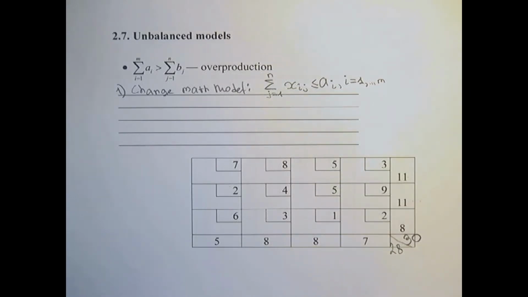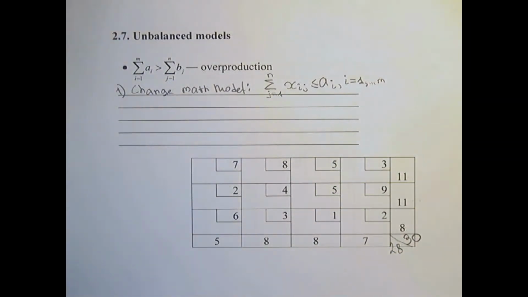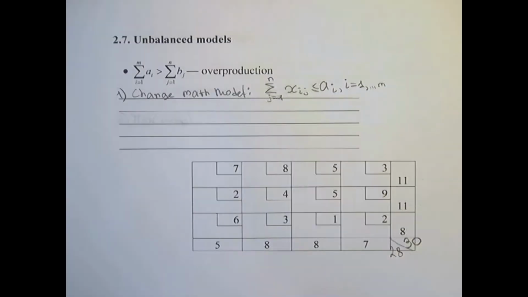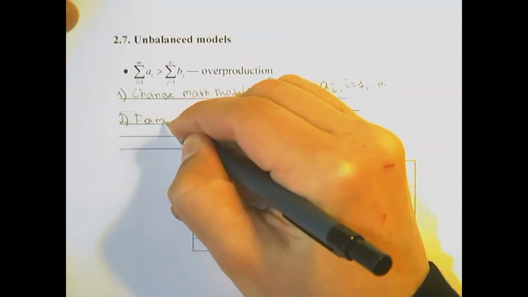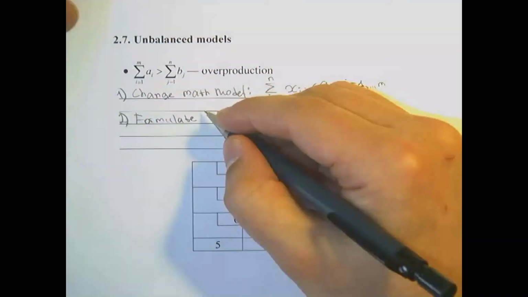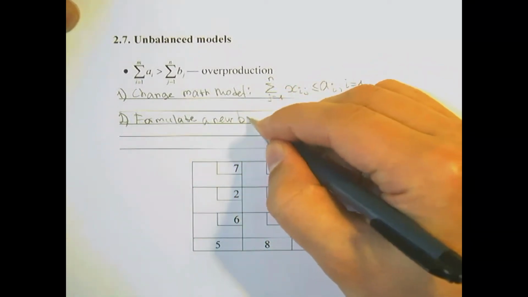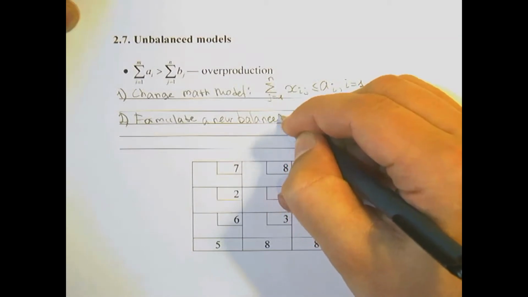But in this case, we let Excel decide which supplier will have a surplus after optimization. When there are penalties for keeping surplus at our suppliers' places, we need to formulate a new balanced model.